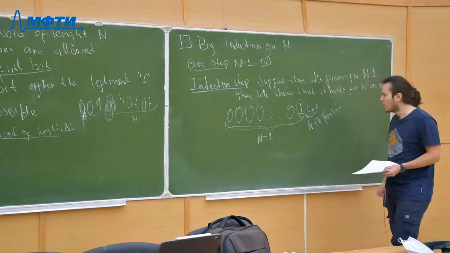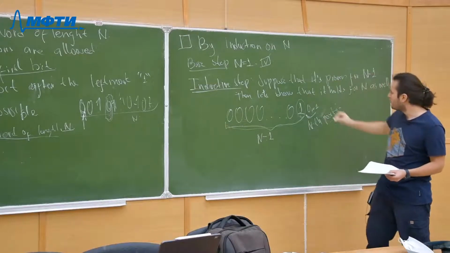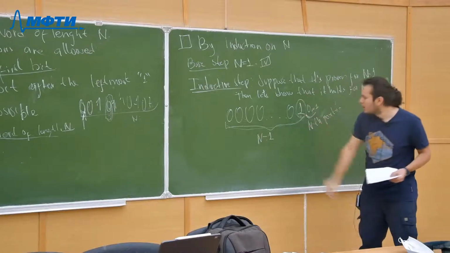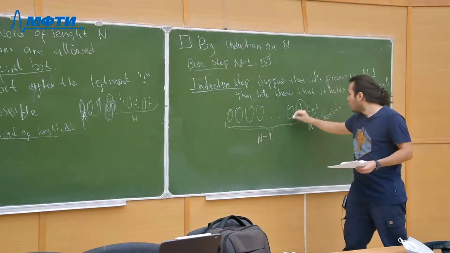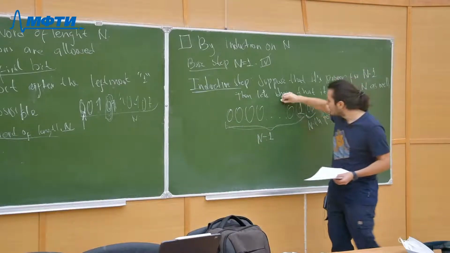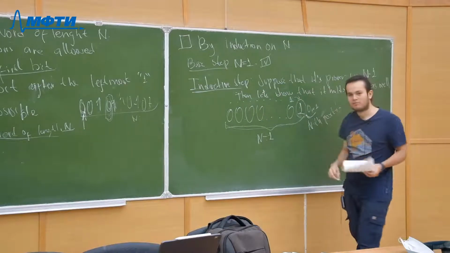Right? So if we want to change this one, then we need to get 1 here and 0 here, such that we can change this thing. Okay?